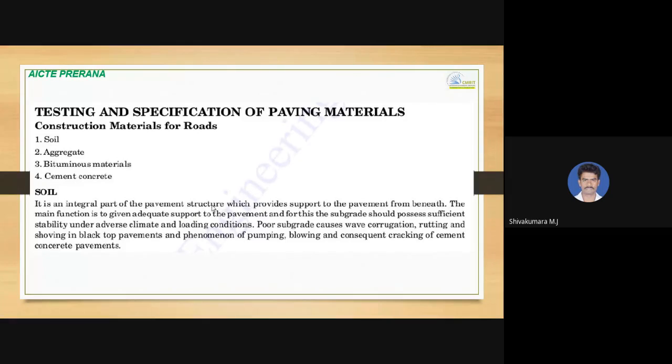First and foremost material is soil. It is an integral part of the pavement structure which provides support to the pavement from beneath. The main function is to give adequate support to the pavement, and for this the subgrade should possess sufficient stability under adverse climatic conditions and also loading conditions.